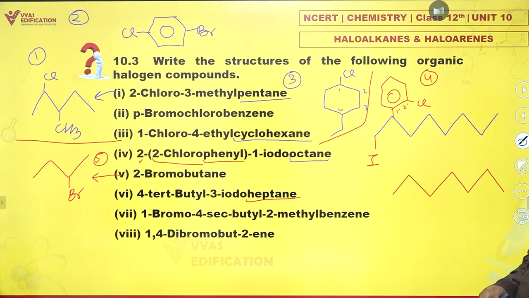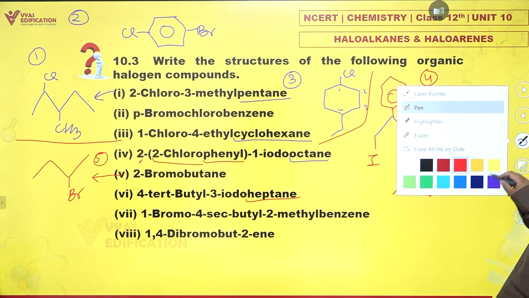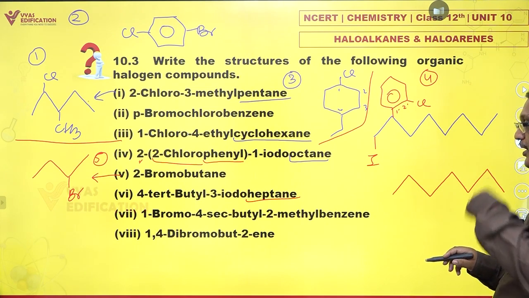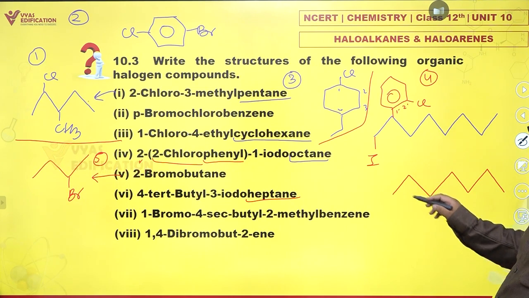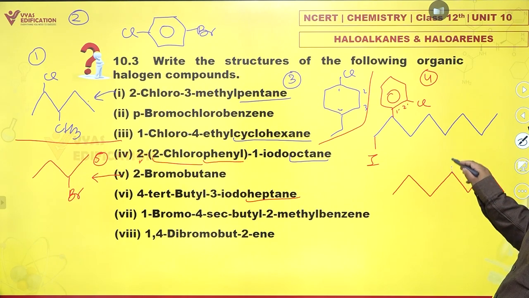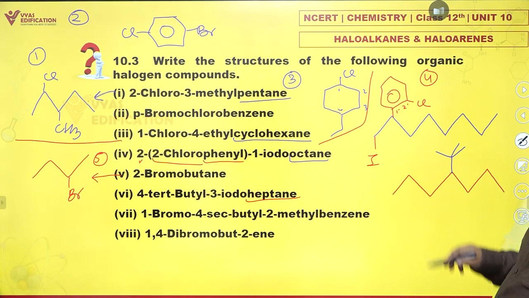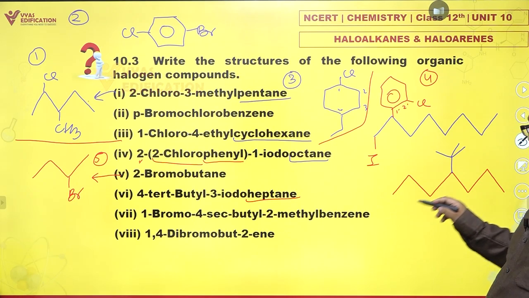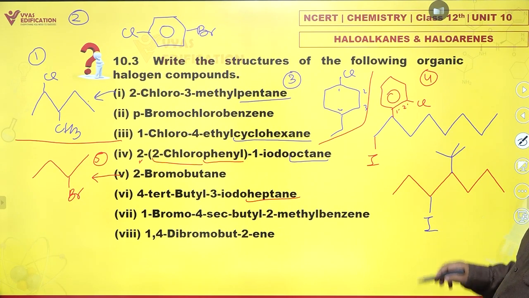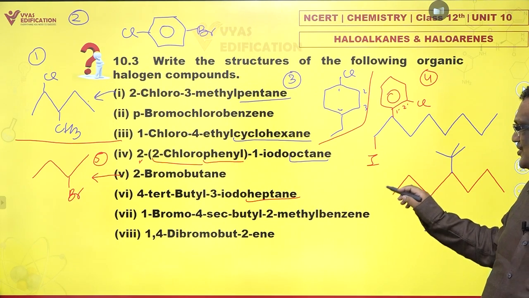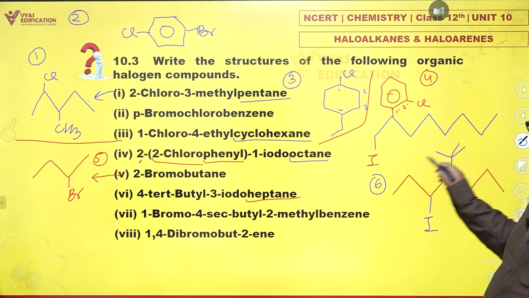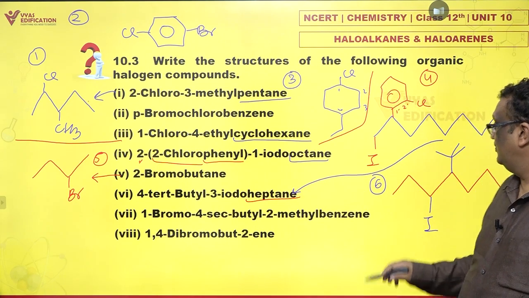We have a heptane. And then they say, let's take tertiary butyl on 4. 1, 2, 3, 4. On fourth, I am taking a tertiary butyl. Fine. On third, I am taking iodo. That's it. That's simple. This is sixth question for you.